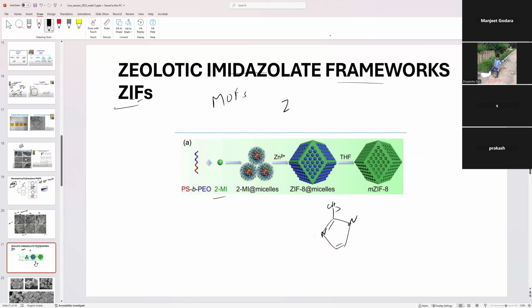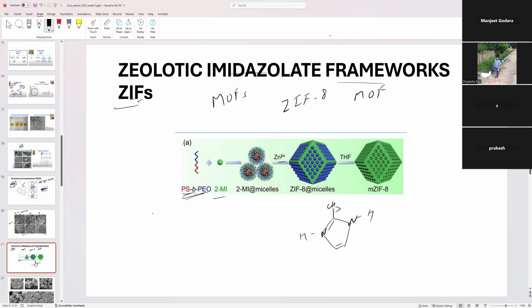This is a hydrogen here, hydrogen here. These are all carbons. This linker, when it combines with zinc, forms this ZIF-8 MOF. What I'm doing is adding a block copolymer, polystyrene-block-polyethylene oxide.